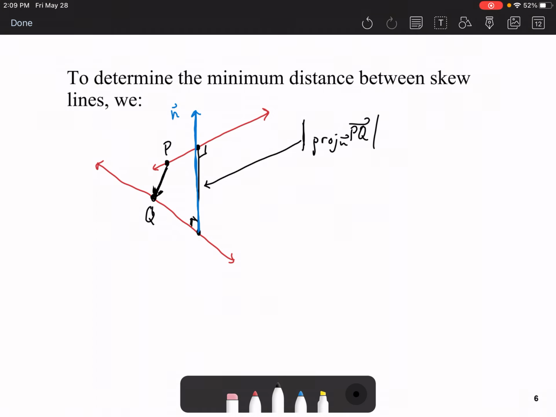Oh, if we remember projection, that's PQ dot n over n dot n times the vector n.